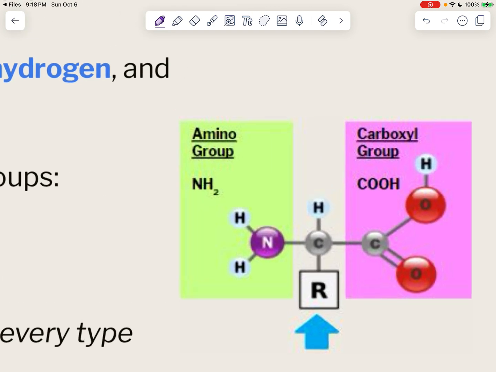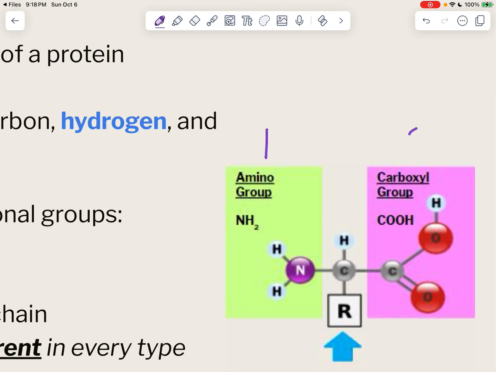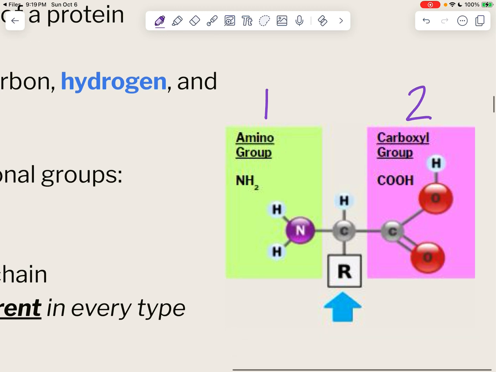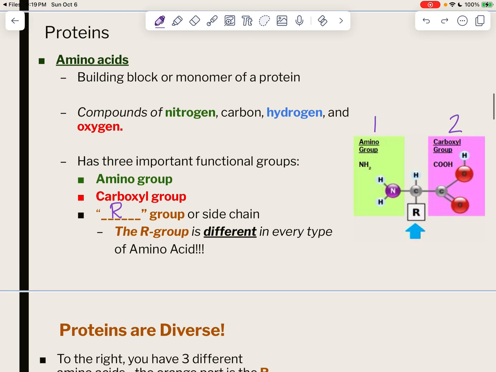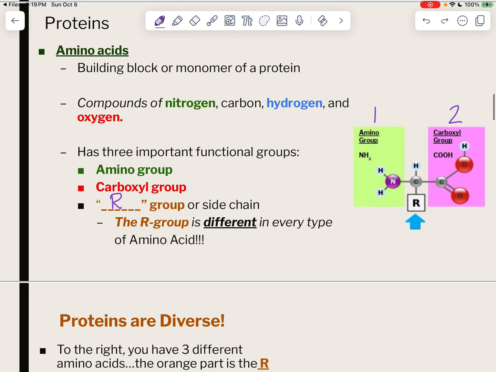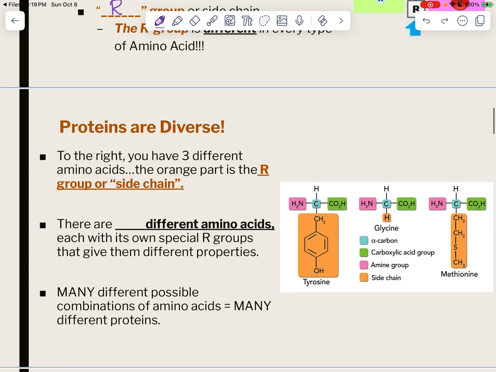So these 2 parts are the same every time. In an amino acid, we have an amino group and a carboxylic acid group. The only difference is this R section. Okay, so I like to think about it as different mods or different modifications of each amino acid, and there are 20 different types. 20 different amino acid R group variations.